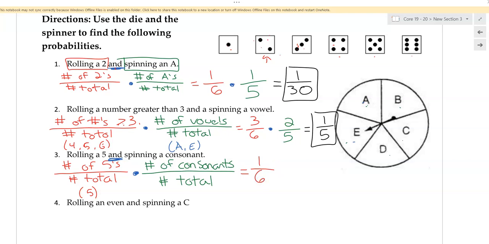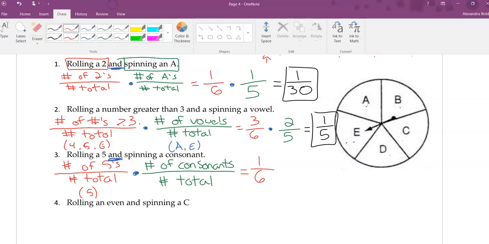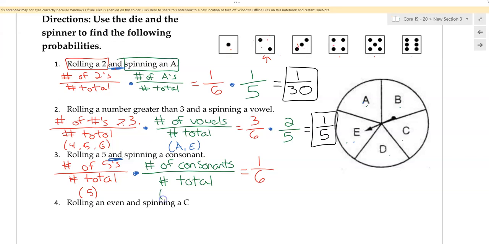My consonants are B, C, and D, so there's 3 of them out of 5. I'm not going to type it in the calculator anymore.